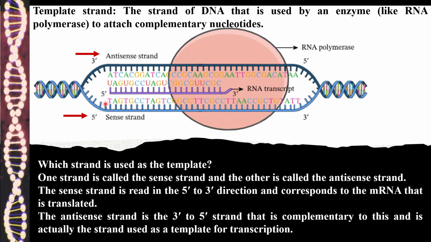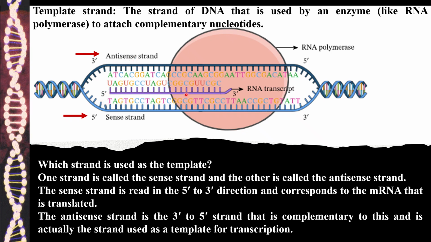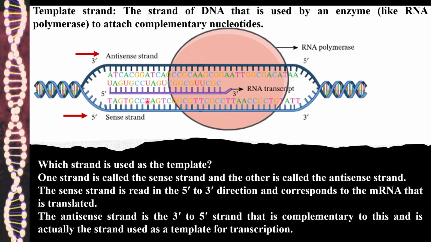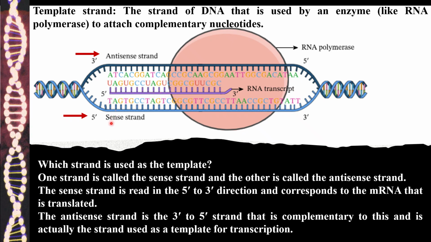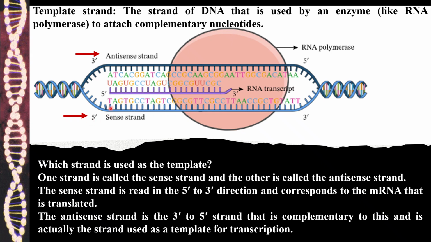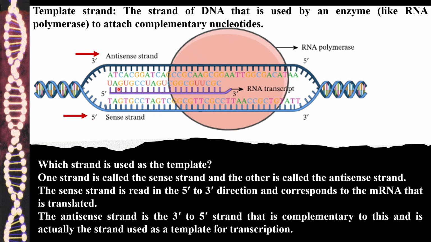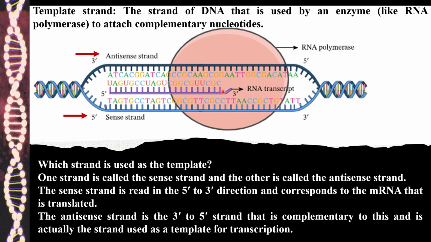Similarly, this strand will be formed 5' to 3', and these sequences match the sequences on the opposite strand, known as the sense strand. So the sense strand sequences will be similar to the RNA transcript sequences.